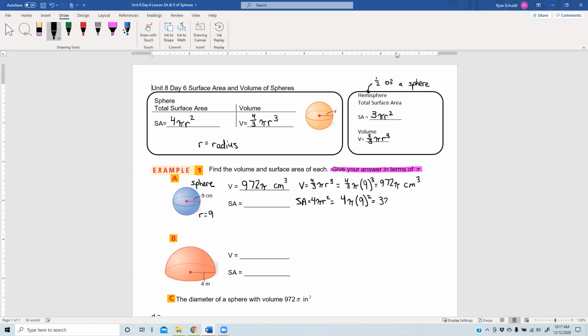That would give us 324 pi centimeters squared. So there's our first example.